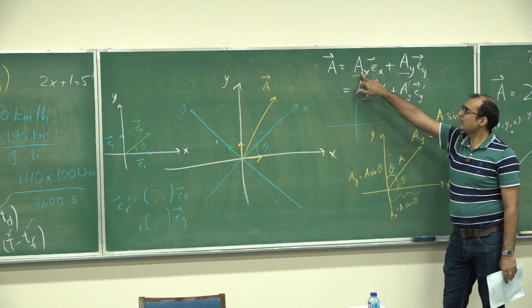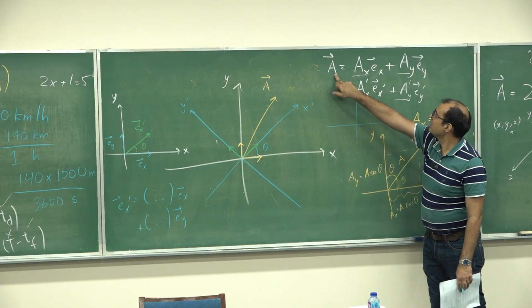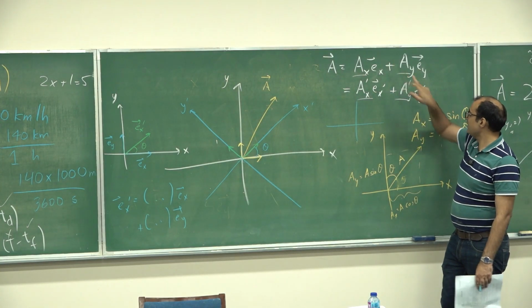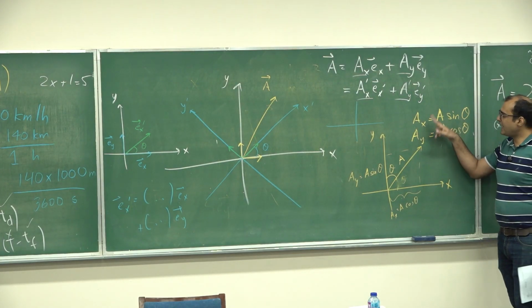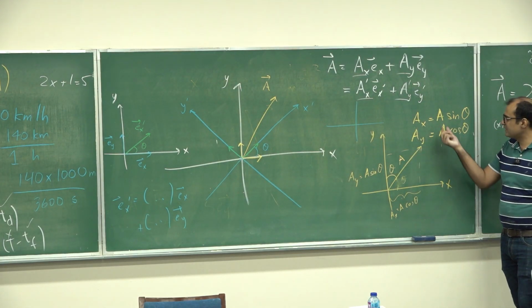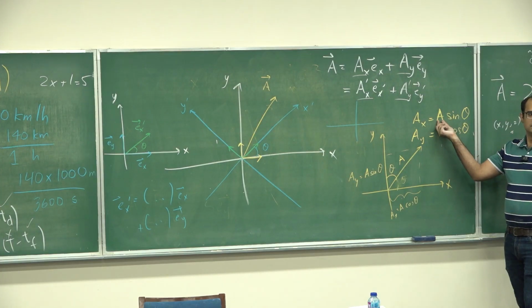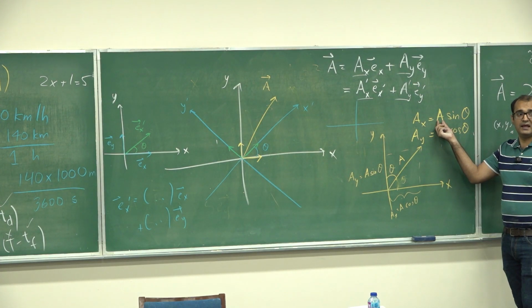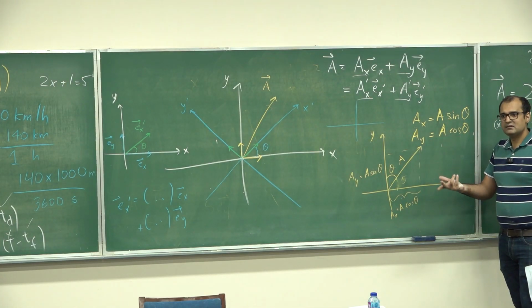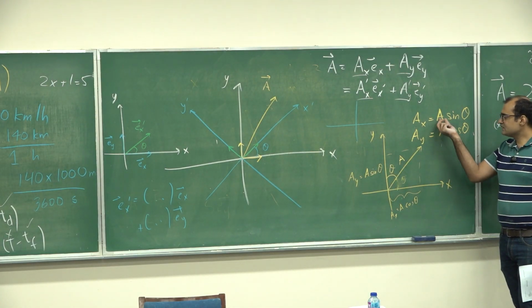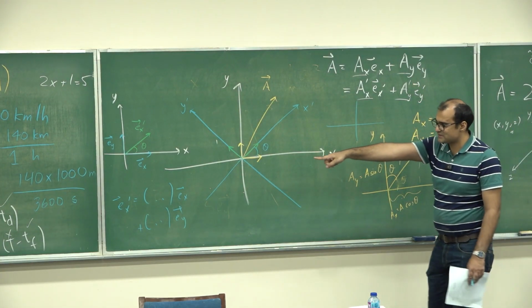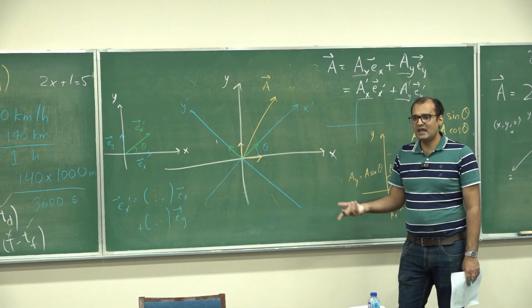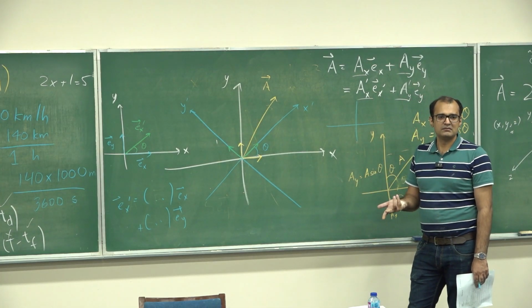And then what is this A? This is your Ex prime. And this is Ax and Ay. Ax equals A times sine theta. But if you are applying this to Ex prime, what is A? The magnitude of the vector A. That's 1. This capital A, if you are applying this whole thing to the unit vector Ex prime, the magnitude of Ex prime is nothing other than 1.